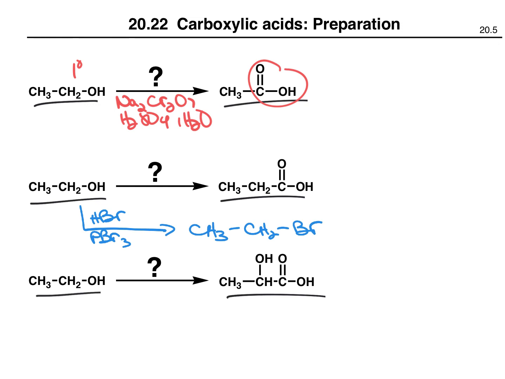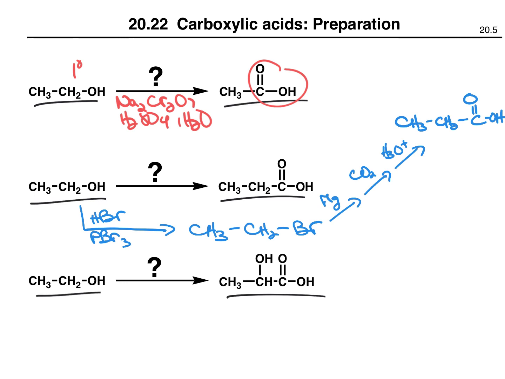Now from here, we have a couple of options. One option is that we can treat this with magnesium to form the Grignard, followed by carbon dioxide, followed by aqueous acid workup, and that would give us this carboxylic acid, which is our target.